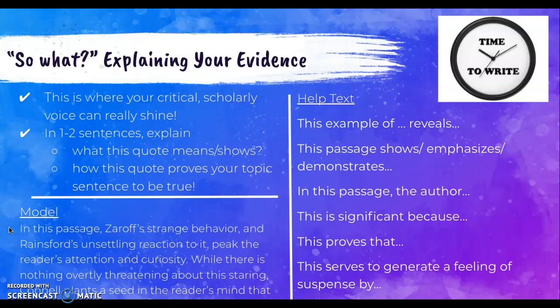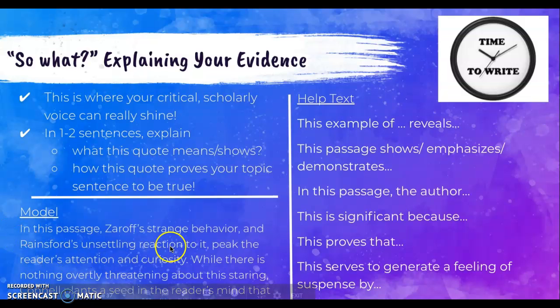So here again, we are explaining specifically how that particular piece of text evidence qualifies as indirect characterization. And then we talk about its impact on the reader, right? It's almost serving as a bit of foreshadowing because it's helping us to maybe gather some negative feelings or some curiosity into who Zaroff really is.